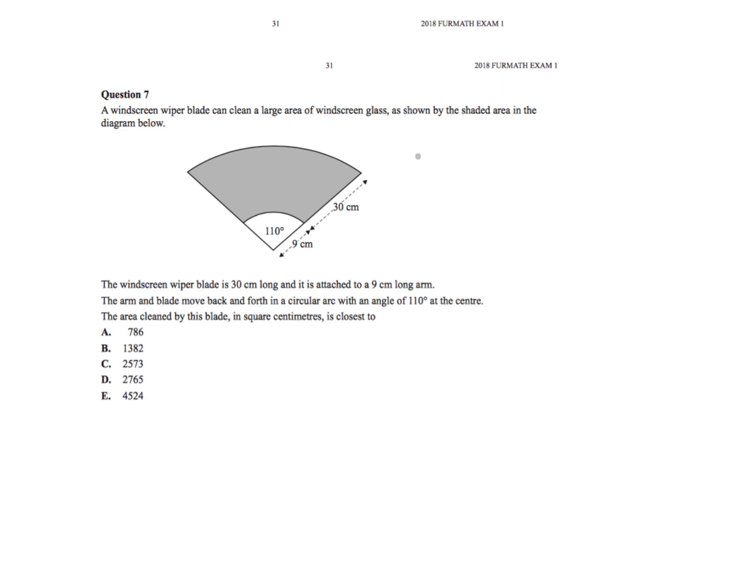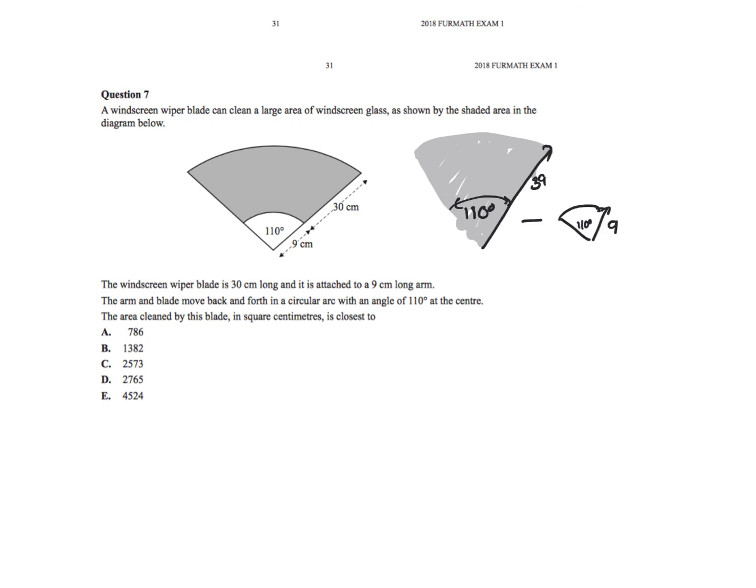So really what you had was a big sector, and you minused a small sector, okay? And they both are 110 degrees in that bit, but their radius is different. This one's radius is 39 and this one's radius is 9.